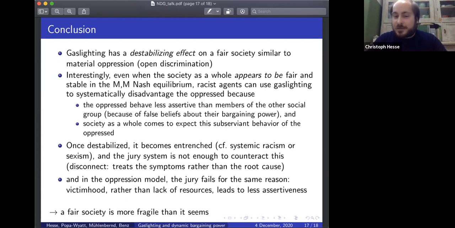So the second model is trying to model maybe a 1950s-similar setup, whereas the gaslighting model is more trying to model a more modern state of, let's say, American society, where the laws make it so that you don't have a 1950s situation for women.